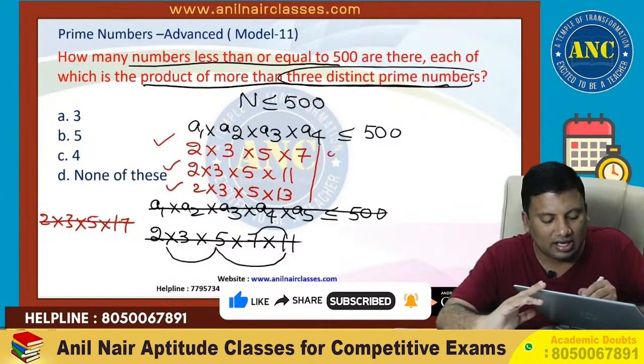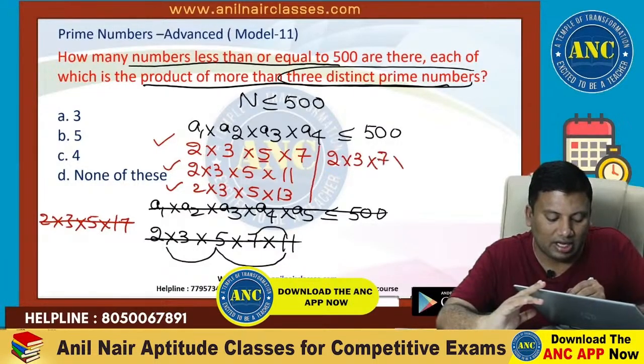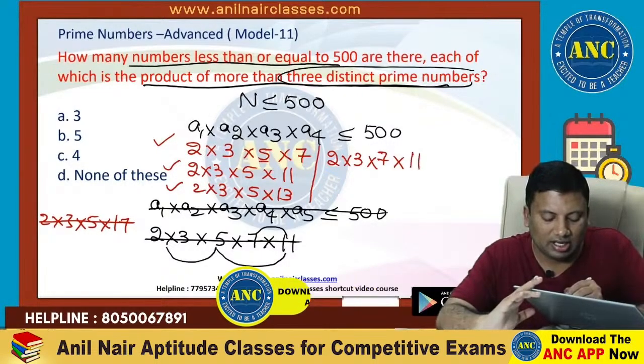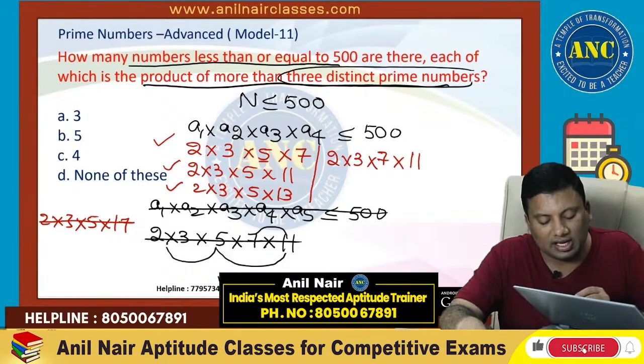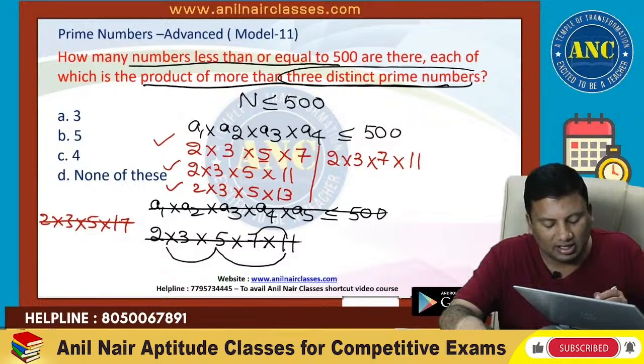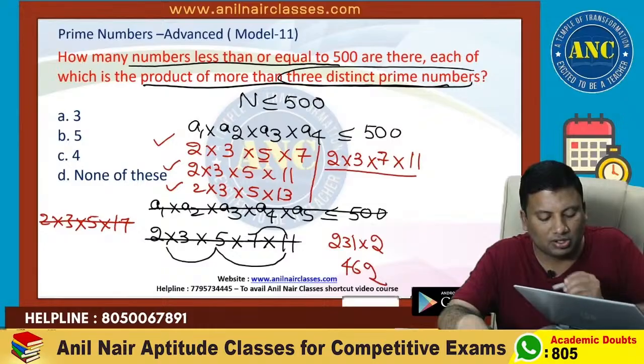3 cases came here. Next it is 2 into 3. Instead of 5, I will keep 7. After 7, what is the next prime number? 11. 2, 3, 7. 7 11s are 77, 77 3s are 231, 231 into 2, 462. This is also a possible case.